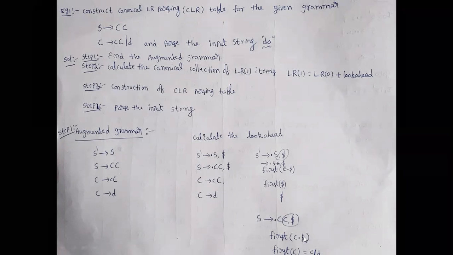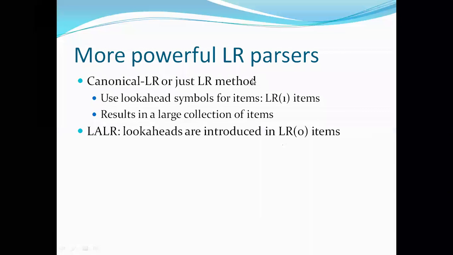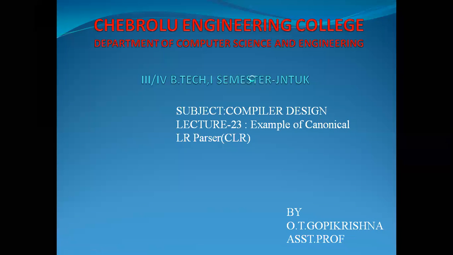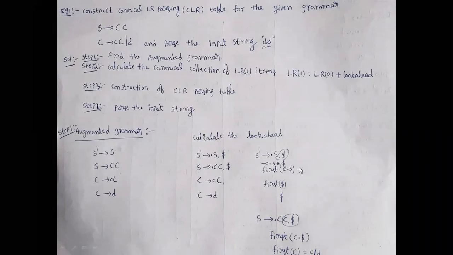For example, in this grammar, S is production with capital C, capital C. So first of capital S is whatever terminal we replace this capital C with. Similarly first of capital C into dollar, that means first of C dollar. First of C dollar means first of C. So what is the first of C?